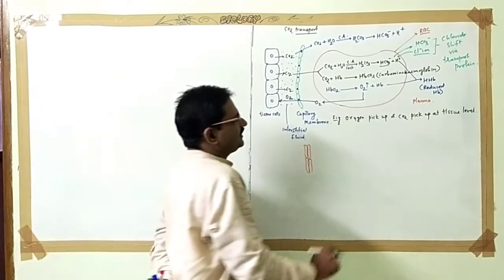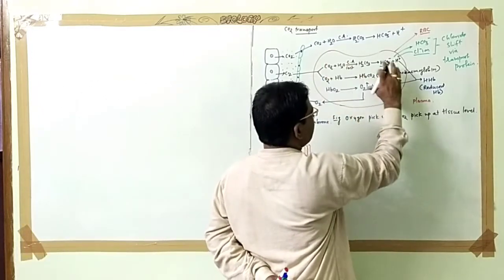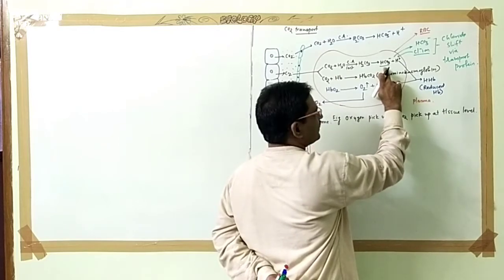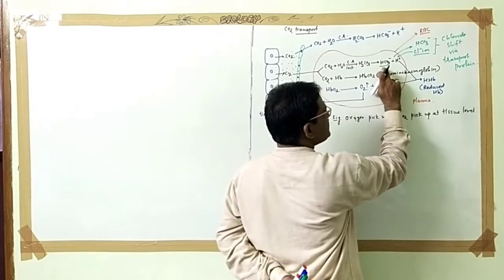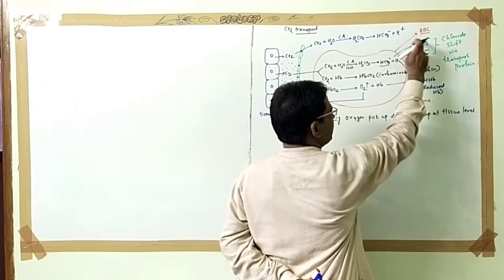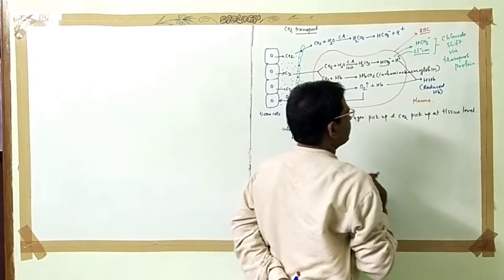Okay. Now see here, inside the RBC, the formation of this bicarbonate ion takes place in a large quantity. That's why these bicarbonate ions get shifted into the plasma, means get outside.